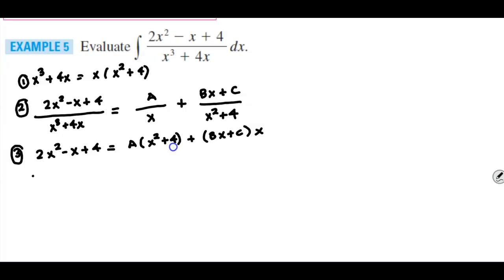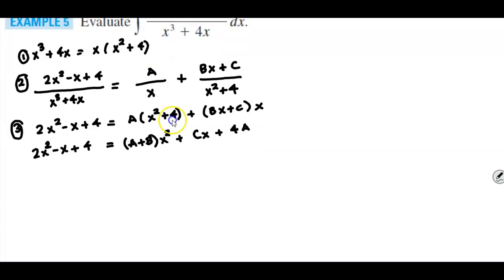Let's reorder our right side so that we have all our x squared terms. The two x squared terms are A and B. So we have A plus B, which are our coefficients of x squared. Then we have one coefficient for x, which is C, and one constant term, which is 4A.